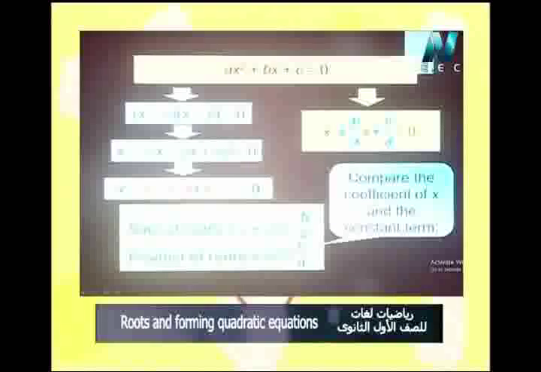Product of the two roots alpha beta equals c over a. Compare the coefficients, you will find that negative alpha plus beta equals b over a. So we will write alpha plus beta equals negative b over a, and alpha beta, which is the product of the two roots, equals c over a.